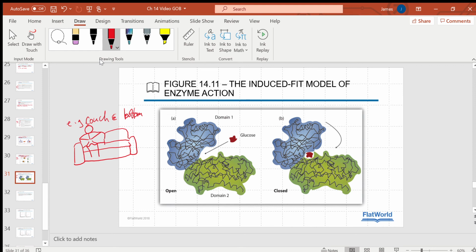So over time, the couch has this imprint of your behind, your derriere. So you essentially mold the couch to recognize you and nobody else. So that would be an example of this induced fit. The molecule senses the shape and it basically adapts to the shape of the substrate.